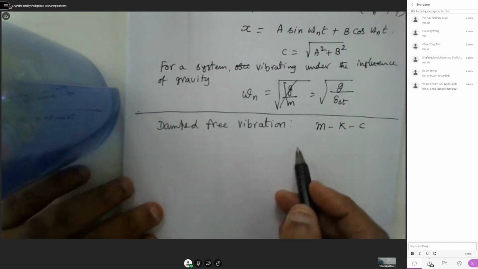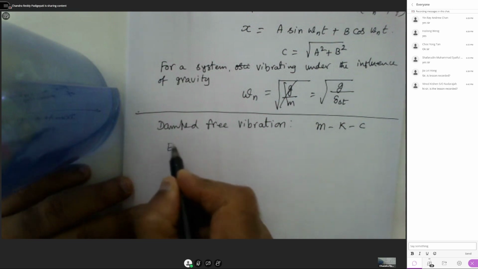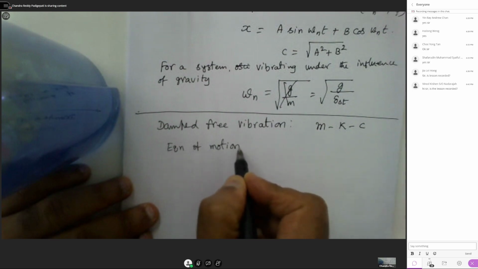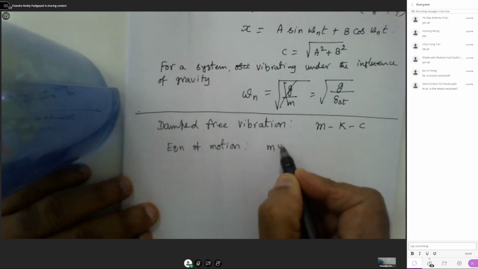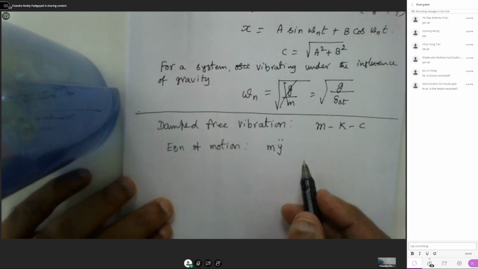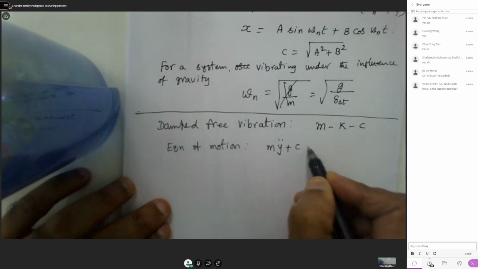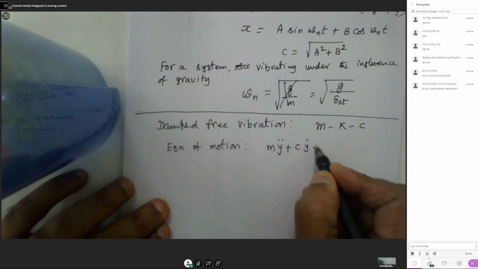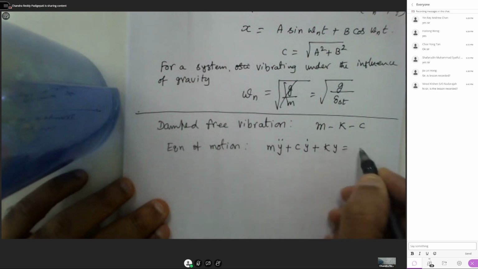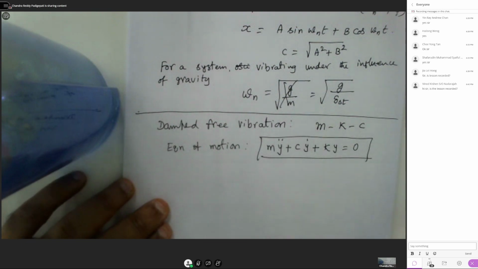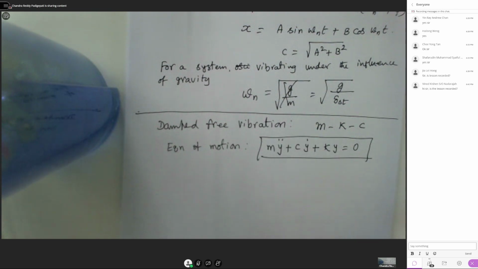For the damped free vibration, we can write the equation of motion as m y double dot, where y double dot is the acceleration, plus c y dot, where y dot is the velocity, plus k y is equal to 0. So this will be the general equation of motion for a damped free vibration. That means we have the damper, but there is no external force.